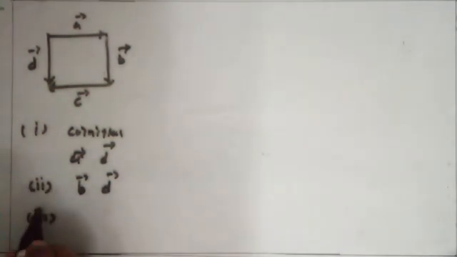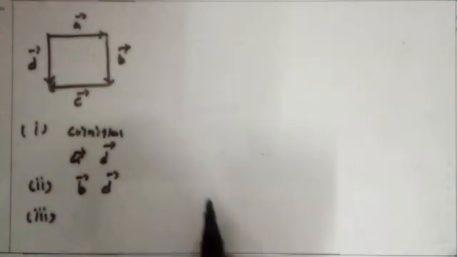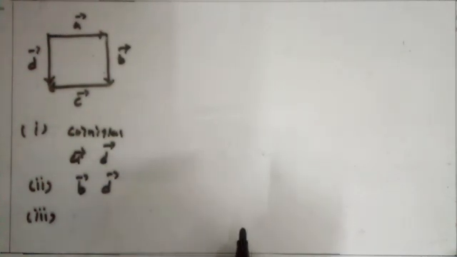Number 3, collinear but not equal. Two vectors that are parallel to the same line, with the same direction or opposite direction, and magnitude that may differ, are collinear.